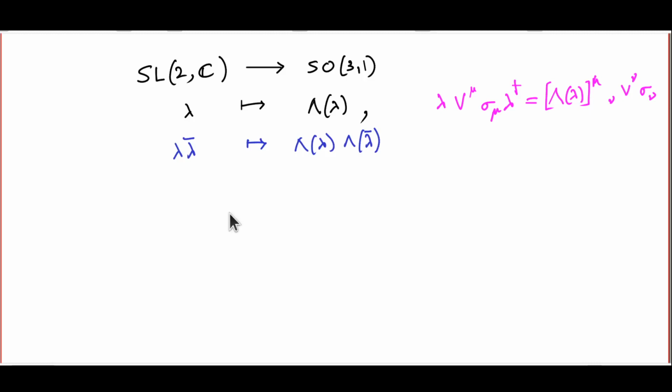The important property of this map is that Λ(λ λ bar) equals Λ(λ) times Λ(λ bar). In other words, we have a homomorphism from SL(2,C) to SO(3,1).